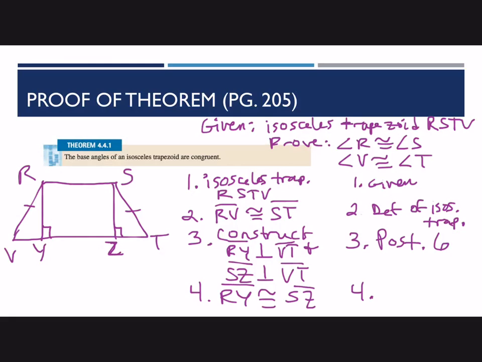Okay, so I probably should have stated in here back with definition of isosceles trapezoid. Let me add this in. I know that RS is parallel to VT.